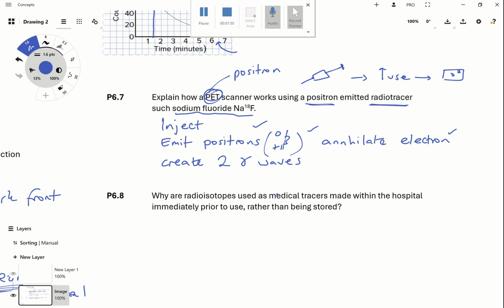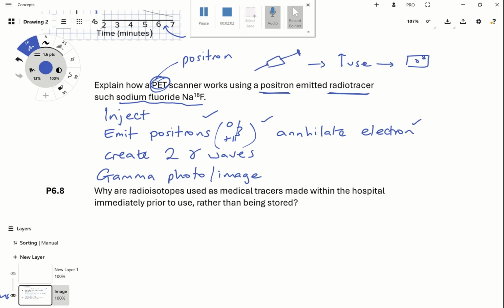The next part is, we can now take a gamma photo or a gamma image. And where there's an increase in gamma, that will be the site of highest metabolism.